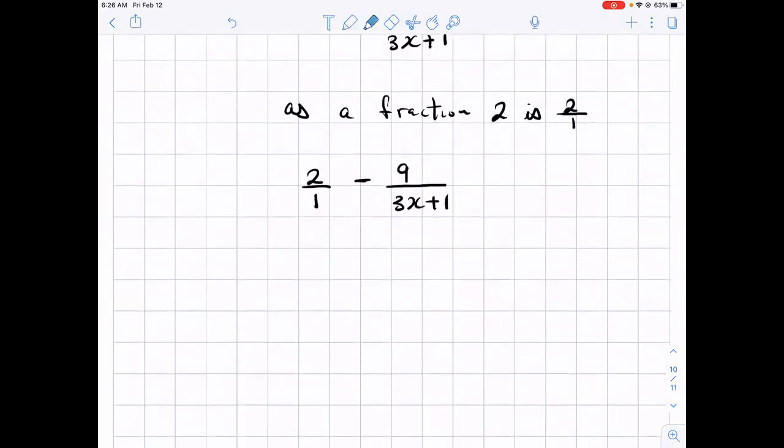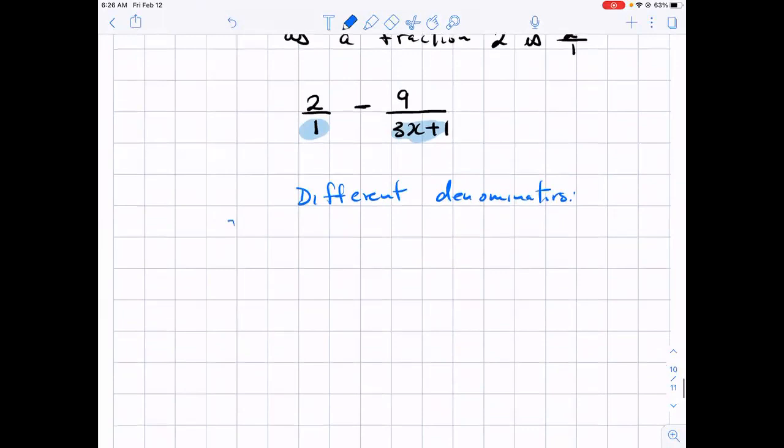And now notice my denominators are different. Different denominators. So step 1, factor each denominator.